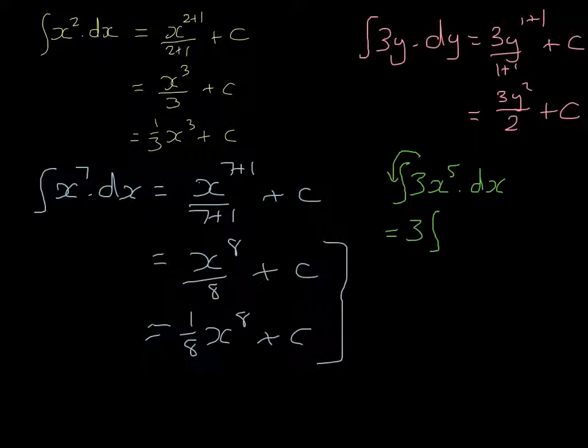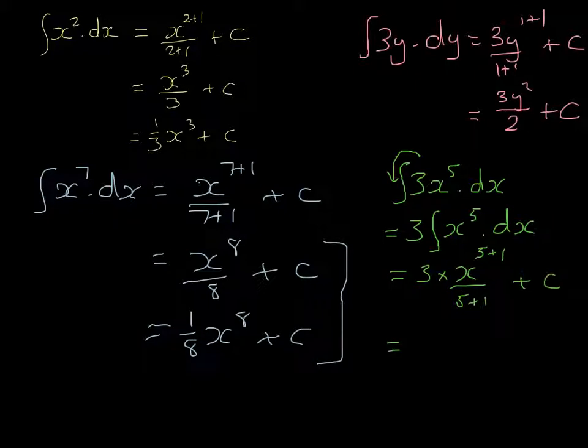And it's equal to 3 times the antiderivative of x to the power of 5 with respect to x, which is equal to 3 times x to the power of 5 plus 1 divided by 5 plus 1, and then that goes plus c.